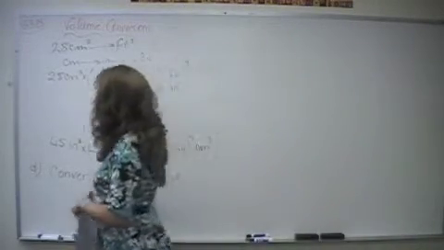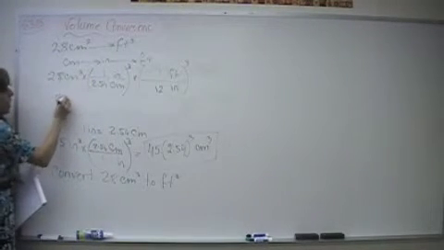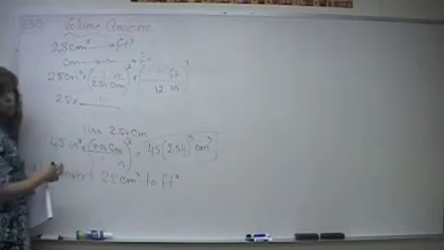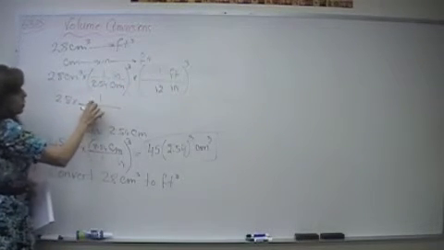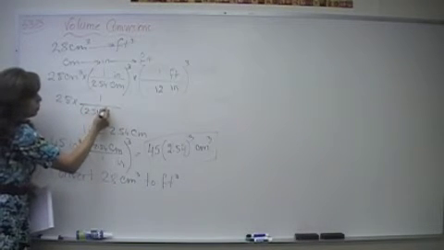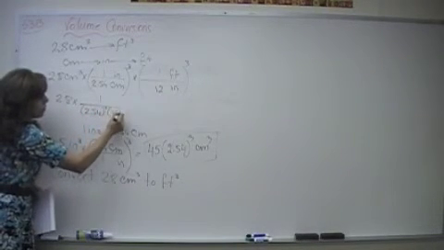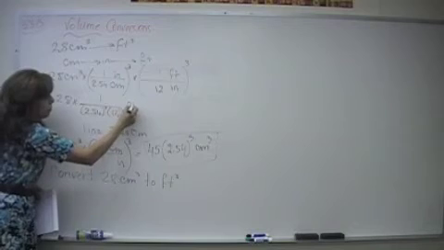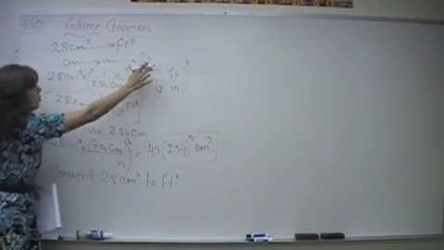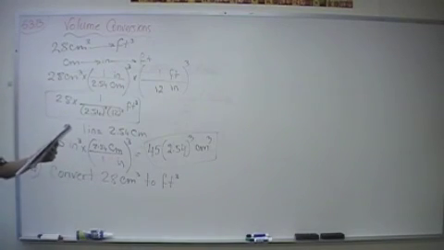So the final answer will be 28 times 1, because 1 times 1 is 1, over 2.54 cubed times 12 cubed, ft cubed. So you multiply all the numerators together, all the denominators together.